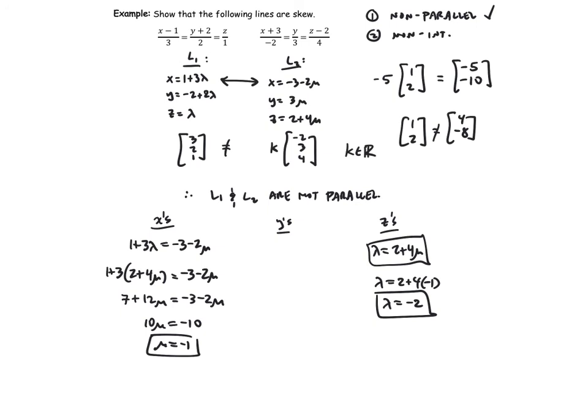So let's do that. I might have said that a little quickly, but I'm going to plug lambda equals negative 2 into lambda for the y value for L1. So our y value for L1 will be negative 2 plus 2 times lambda, which is negative 2. So that y value will equal negative 6.